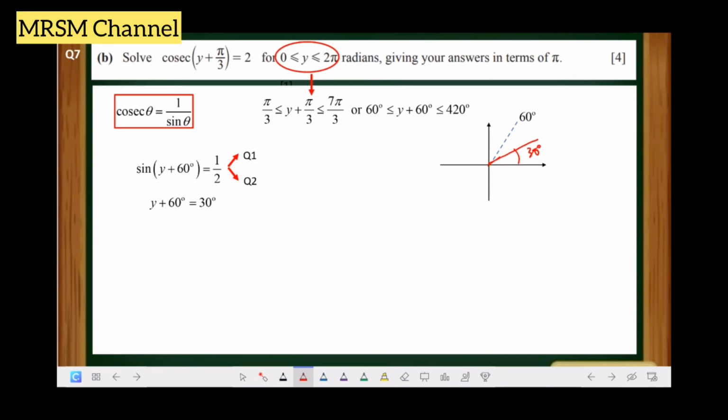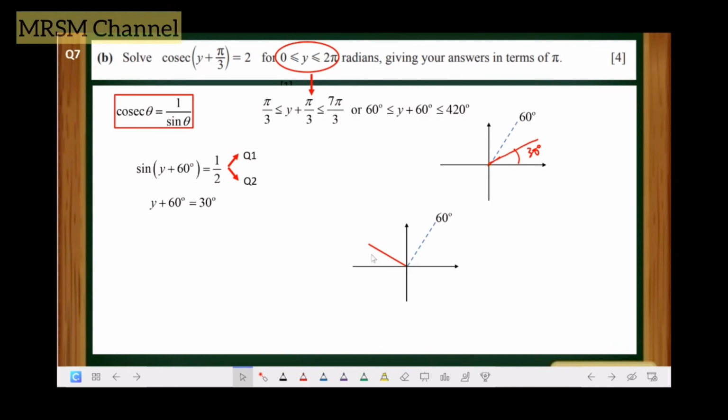Okay, but when we start our journey at 60 degrees, it means we do not meet this one first. We do not meet this angle first. Okay, so we start here. Alright, and then since it is a positive angle, we go in the anti-clockwise direction. What will we meet first? We will meet the angle in the second quadrant first, here. Okay, this one we meet first. So this is 30 degrees.